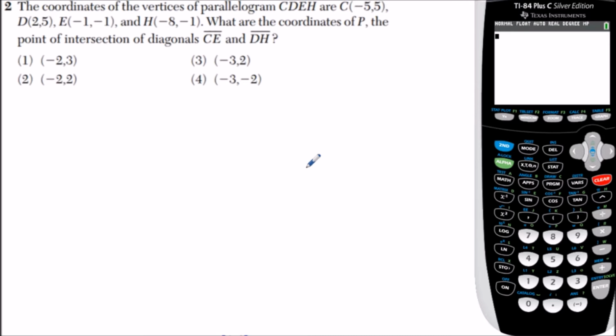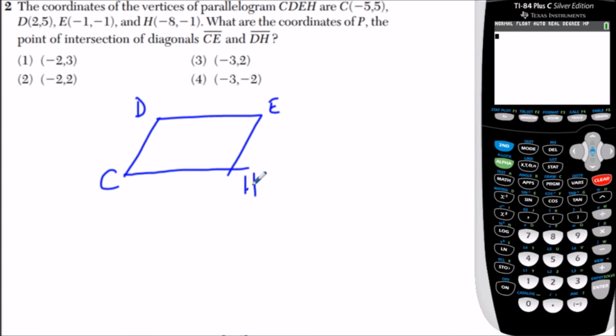Now for this question here, we have a parallelogram. So what we could do is I'm just going to sketch one. I'm not going to bother graphing this one because the idea of what we need to do is not too bad once you see it. What we have here is the vertices of a parallelogram, and we want to know the coordinates of P, the point of intersection of the diagonals.